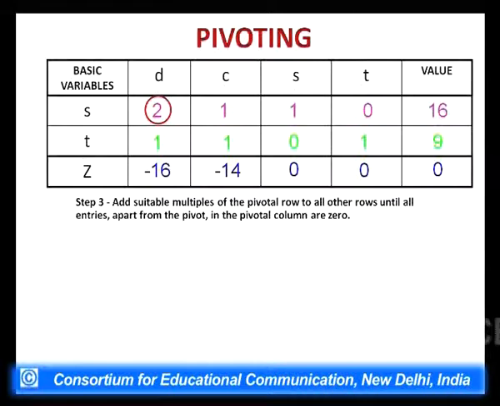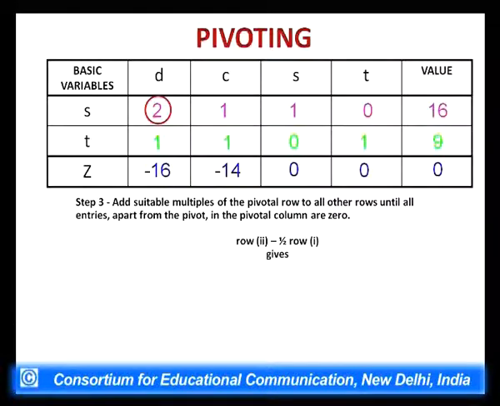Add suitable multiples of the pivotal row to all other rows until all entries apart from the pivot in the pivotal column are 0. So row 2 minus half row 1. Just look at the table.